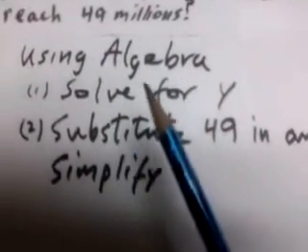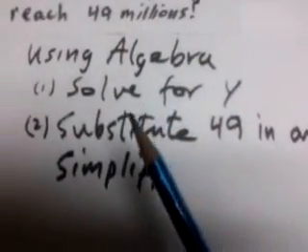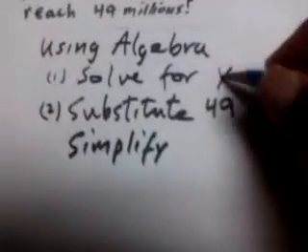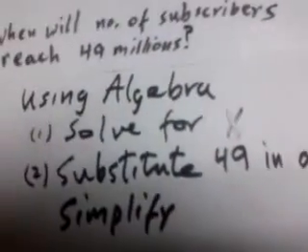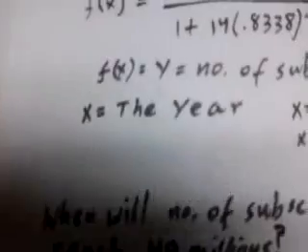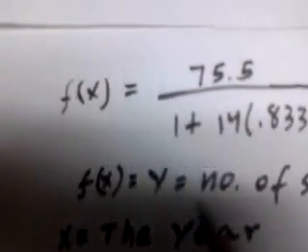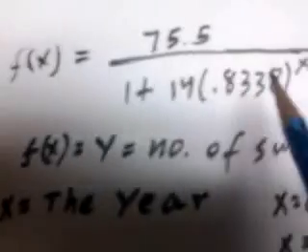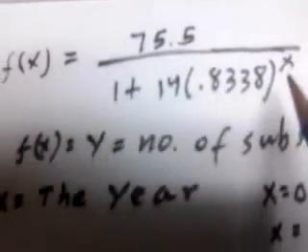If you solve this problem using algebra, first of all, you would solve the equation for x. The equation is already solved for y. Y is the same as f of x, so we have y equals. So we have to solve the equation for x, or get x by itself on one side of the equation.